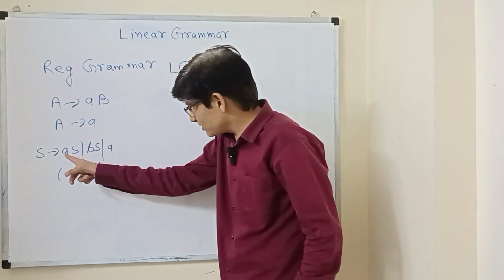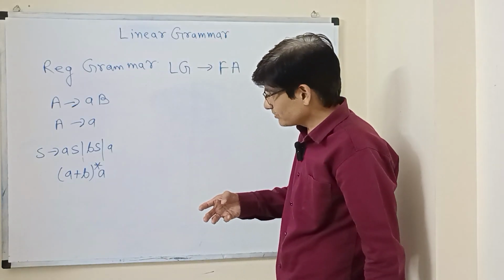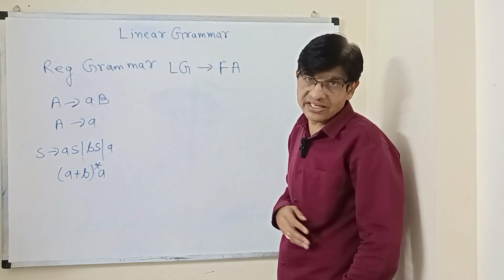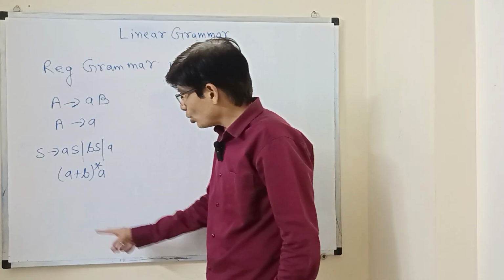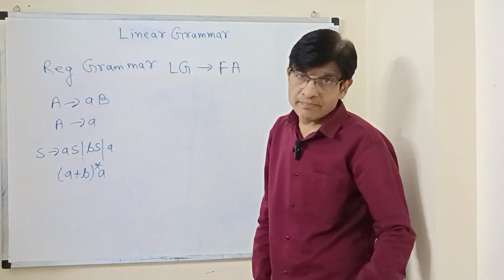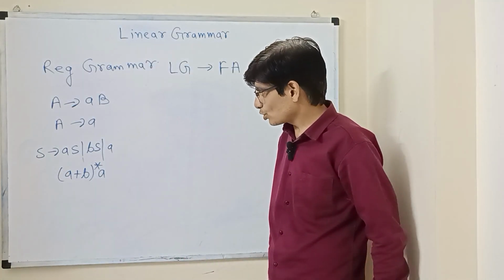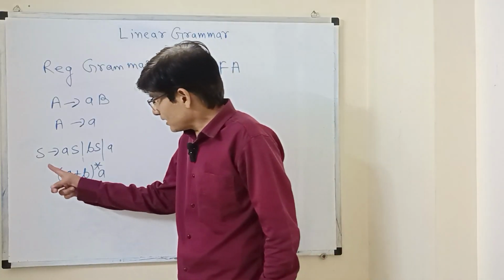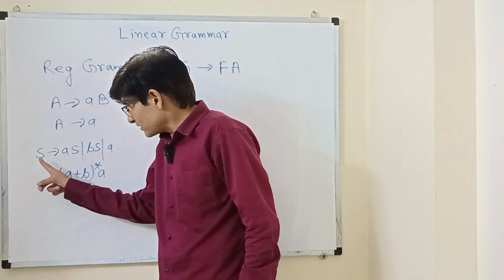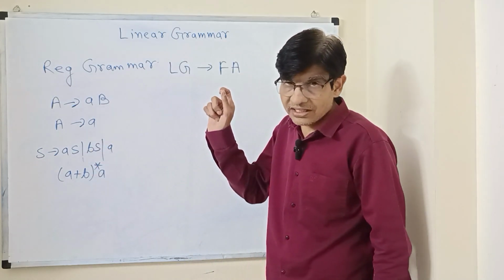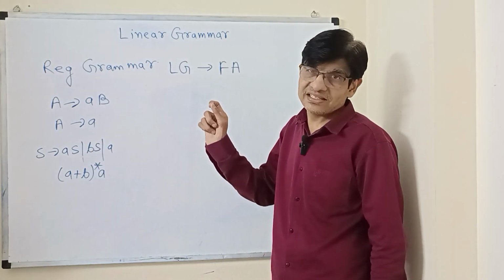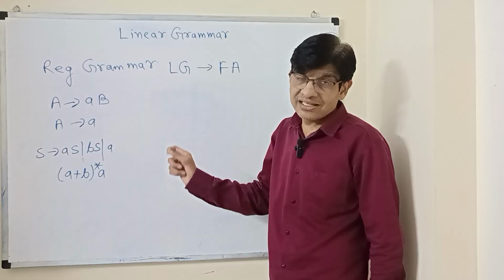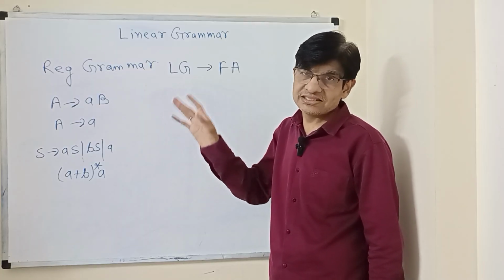These two terminals of the grammar will become the input symbols of the finite automata, and all the variables of the grammar become states of the finite automata. So the minimum number of states in the finite automata will be the number of variables in the grammar.